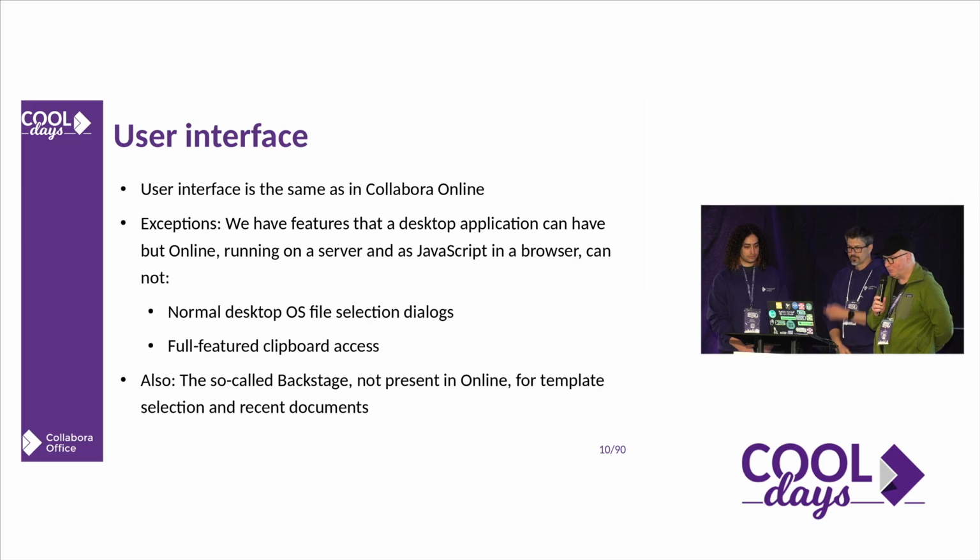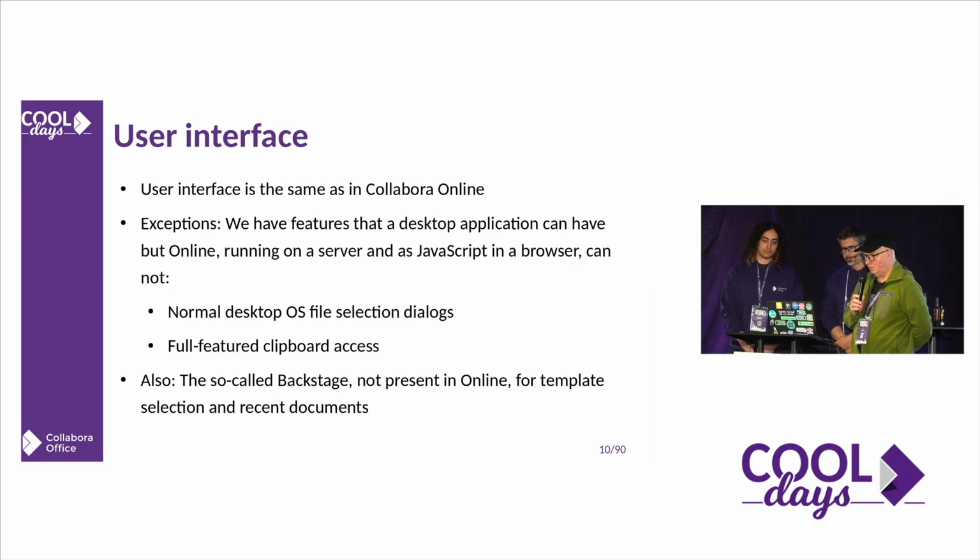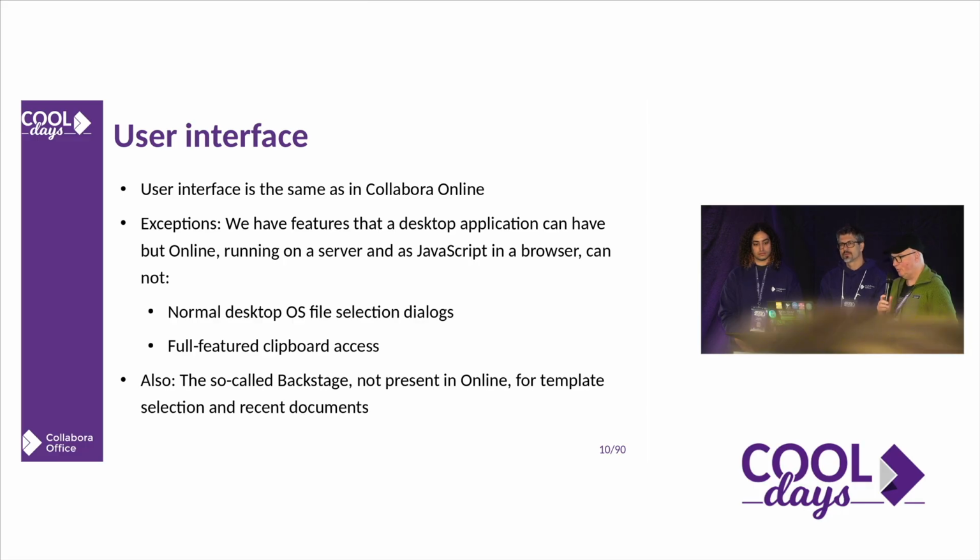And as mentioned, the user interface is the same as in online, except that we have some things that can't really happen in a browser, but can in a desktop app, like accessing desktop files through the normal system dialogues, and also accessing the clipboard in all necessary ways.